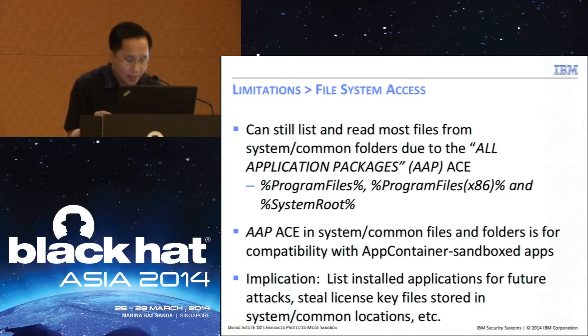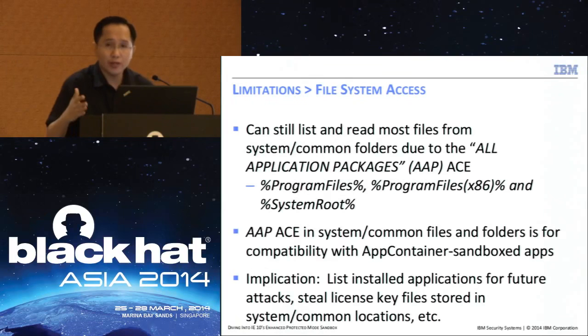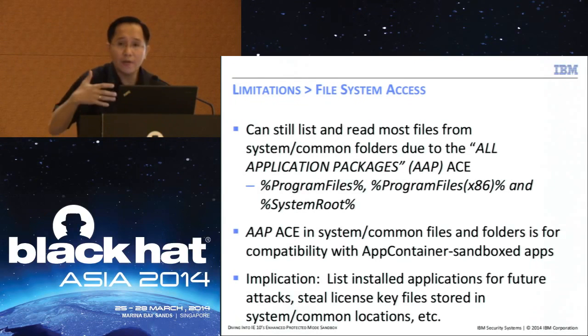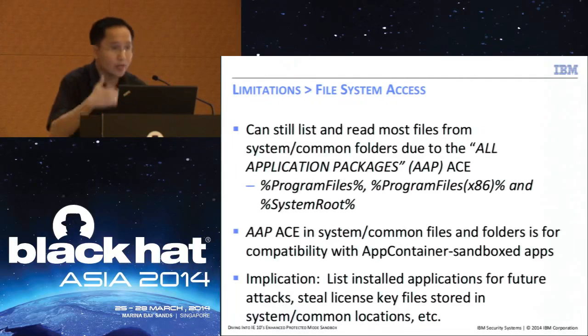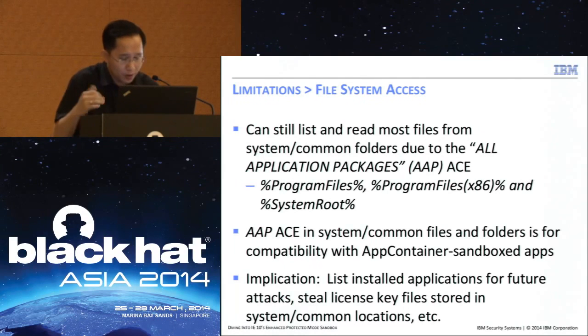Because if you think about it, applications need access to certain resources, such as system DLLs and configuration in the registry keys, in order to properly launch or operate. But the implication, of course, is that installed applications can be listed, and the resulting information can be used for future attacks. License key files or configuration files, which may contain sensitive information, can also be stolen if they are stored in the system or common folders.